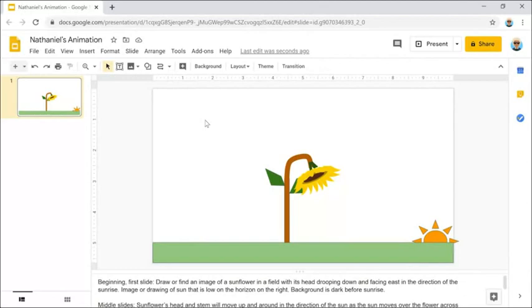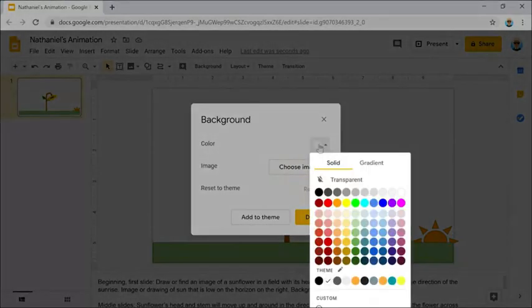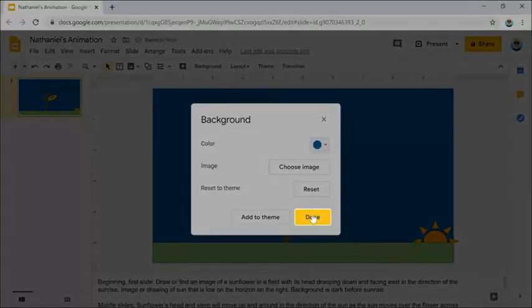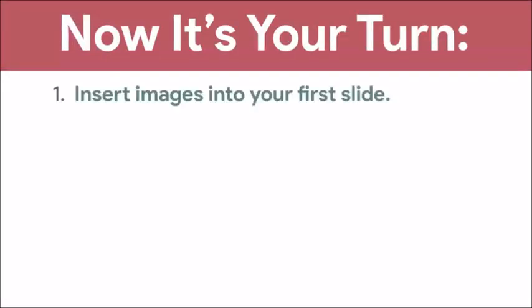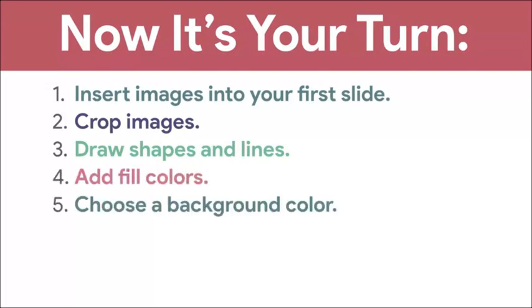Finally, add a background color. Choose a color that depicts the place or time of day. Now, it's your turn. Insert images into your first slide. Crop images. Draw shapes and lines. Add fill colors, and choose a background color.